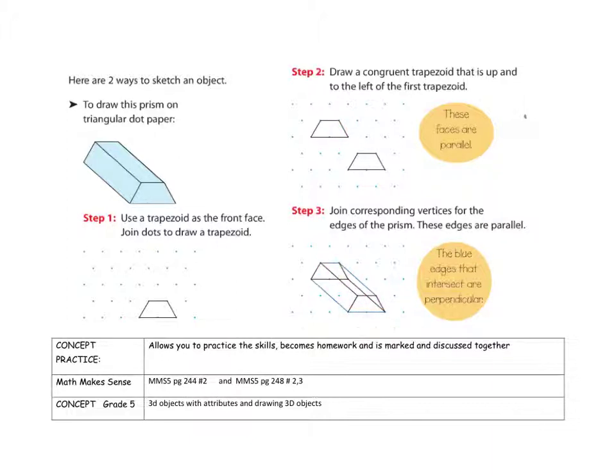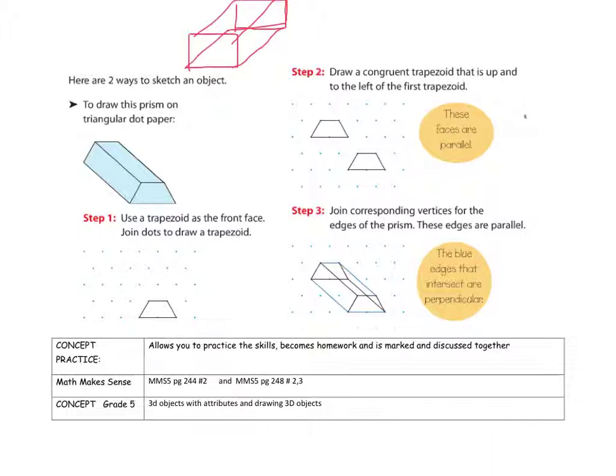That would be for a prism. So for example, if I wanted to do a rectangular prism, I would draw my one rectangle, I draw my other rectangle over and up, same size, and then join all of those corners.